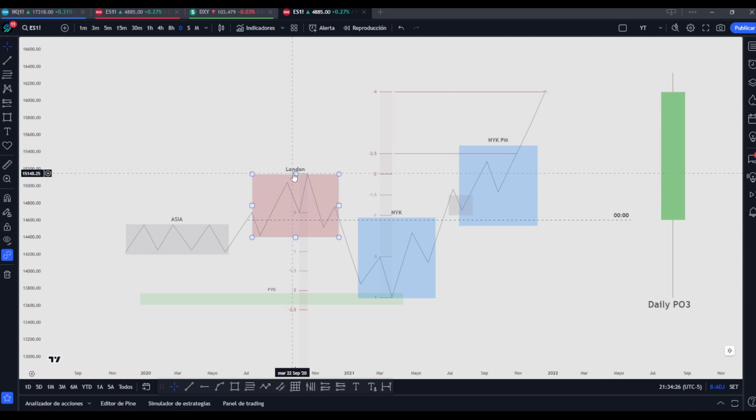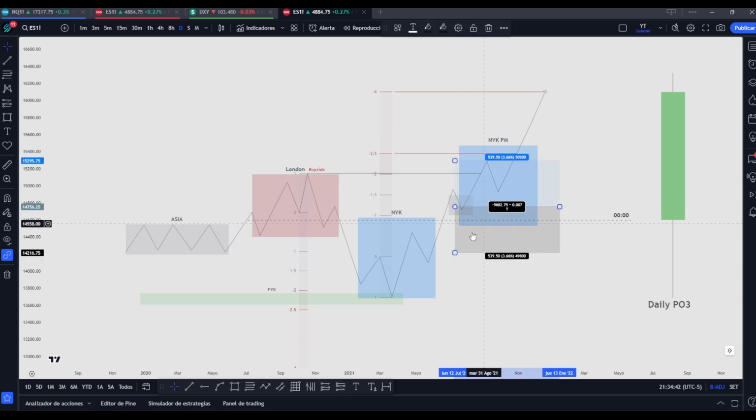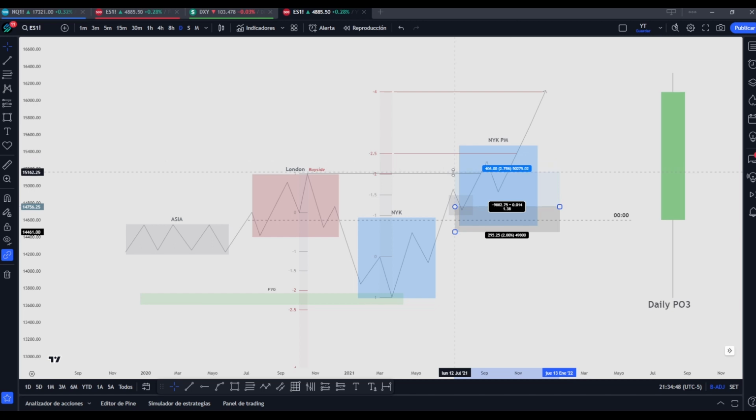Then we expand, targeting our buy side liquidity of London inside our negative 2 deviation, negative 2 and negative 2.5. So let's say, I don't know, here, stop loss out here, you target here.